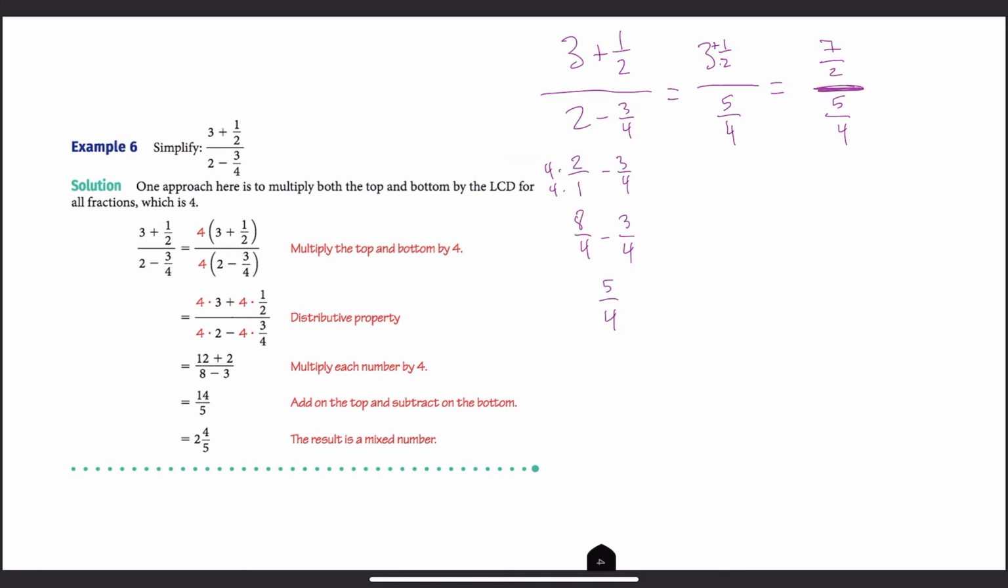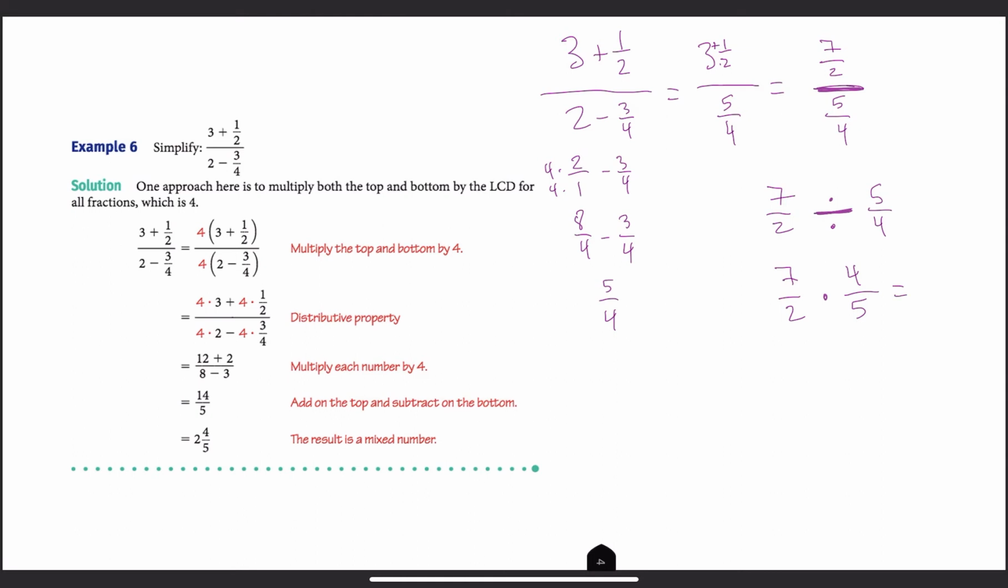And so when I rewrite it, I want to write it as 7 over 2 divided by 5 over 4. So I'll rewrite that complex fraction as division of fractions, and then I'll recognize, oh, division of fractions is related to multiplying by the reciprocal.